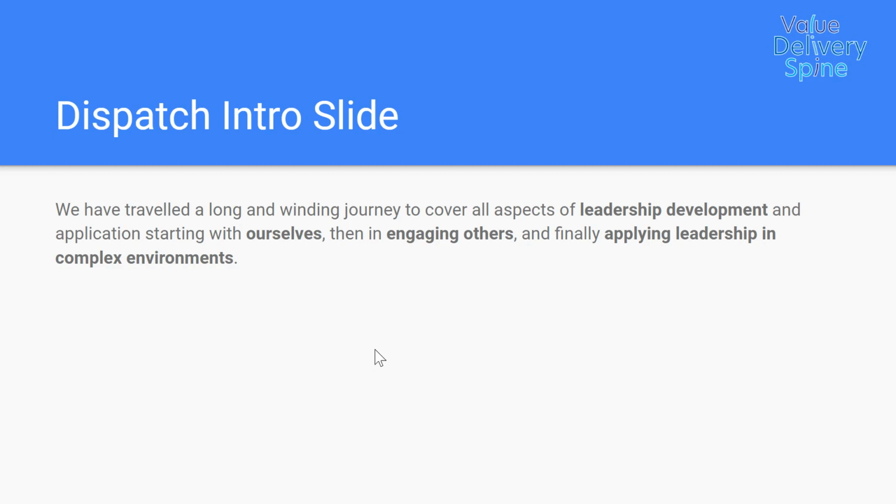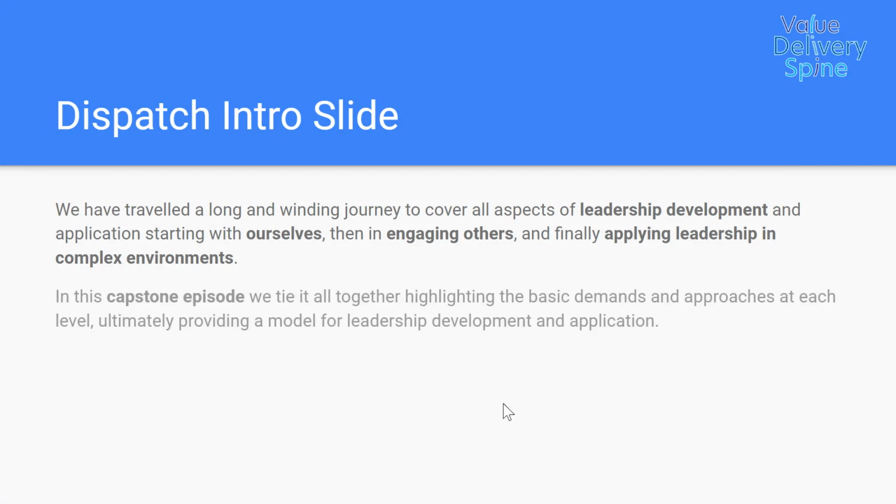And then finally, we did discovery around applying leadership in complex environments, looking at different models, and also looking at how we support decision making, how we bring new leaders into an environment and set them up for success, and then finally using culture as a mechanism to do the heavy lifting for leadership.